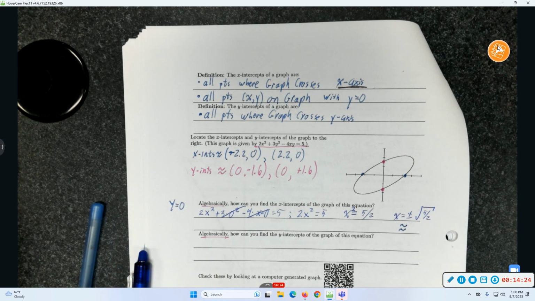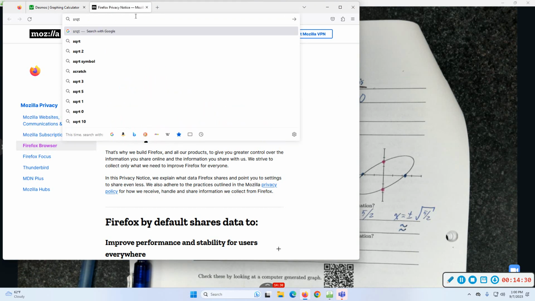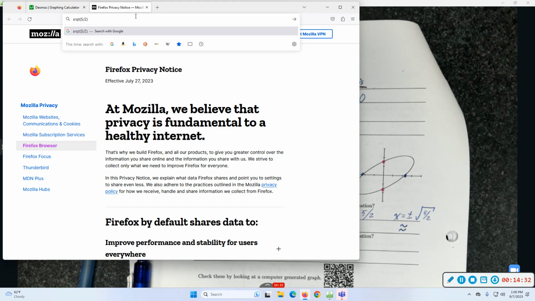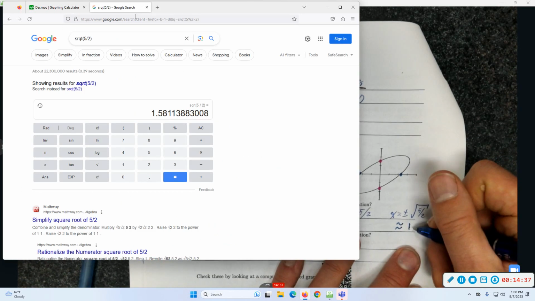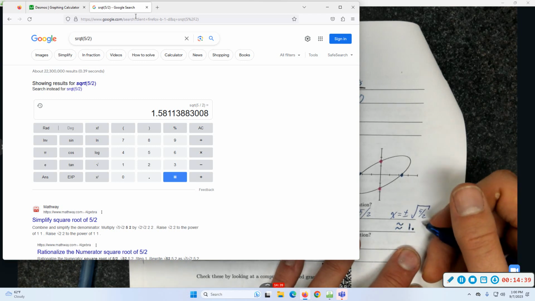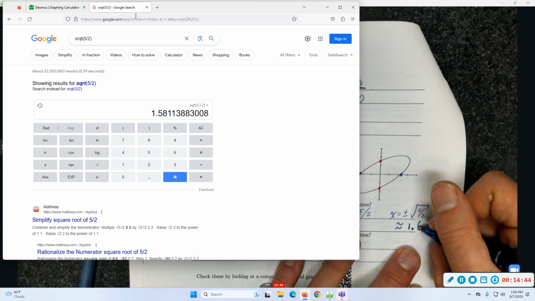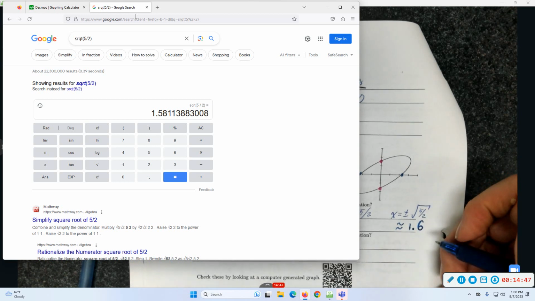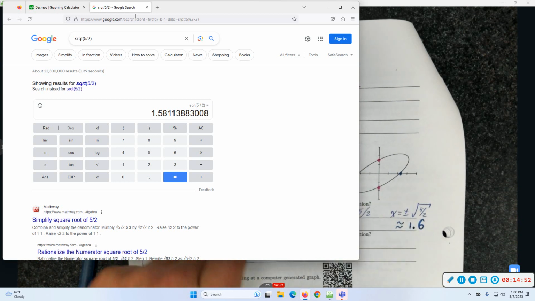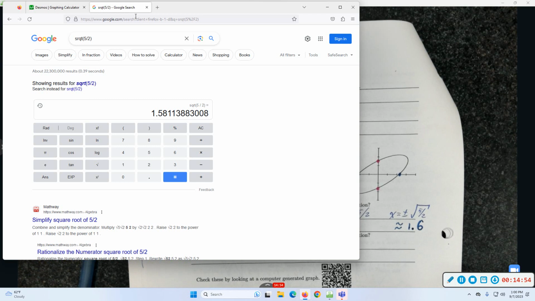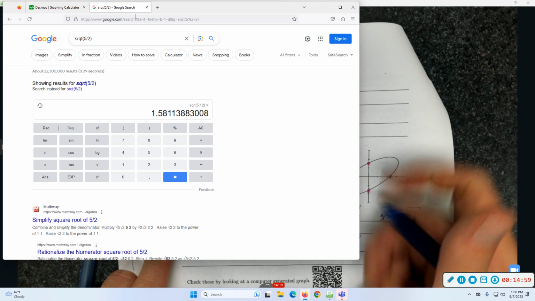Let's get a decimal approximation here, again using a calculator. Square root of 5 halves. Something here is suspicious, is it not? So let's see, I plugged in y equals 0. This equation became that.